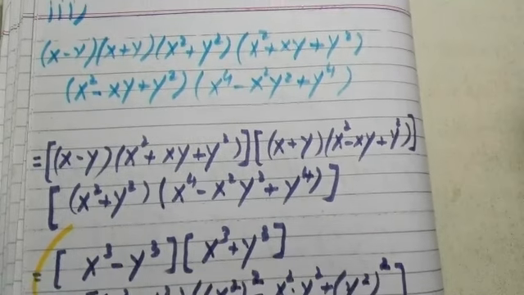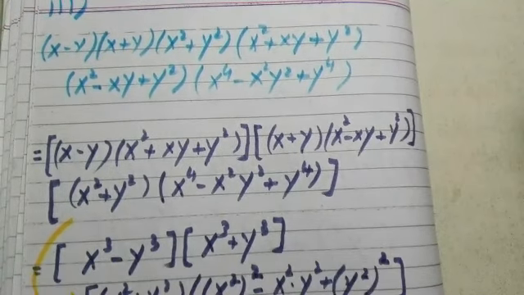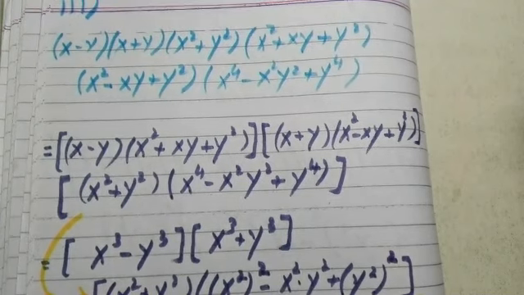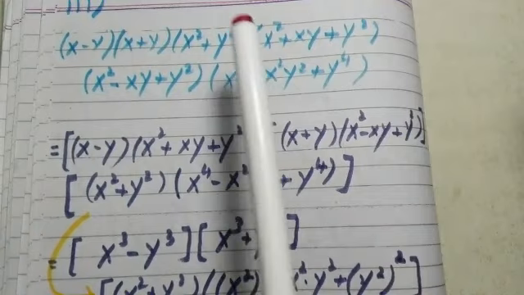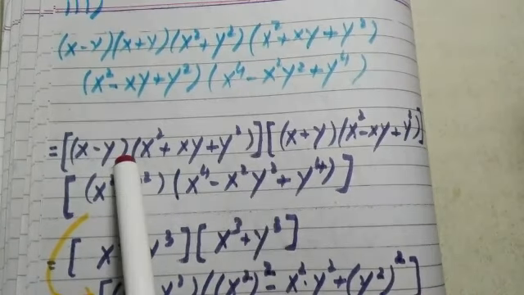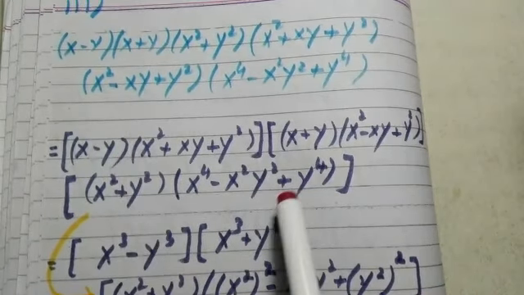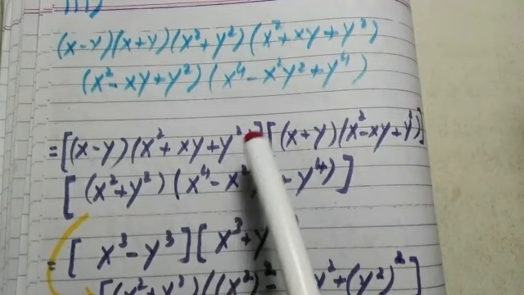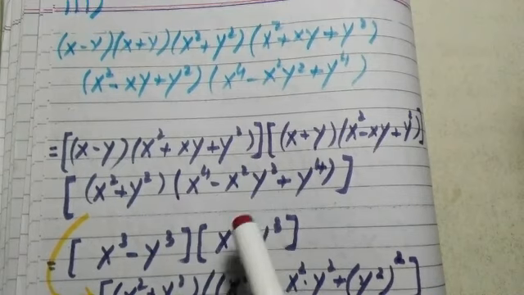So the first task I have done is pairing up the terms: first and third are paired, second and fourth are paired, and finally the last two remaining terms are paired.